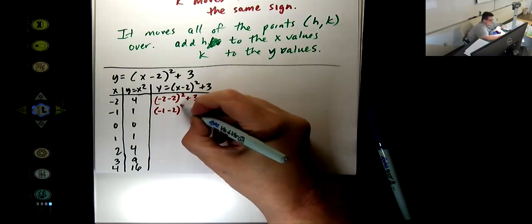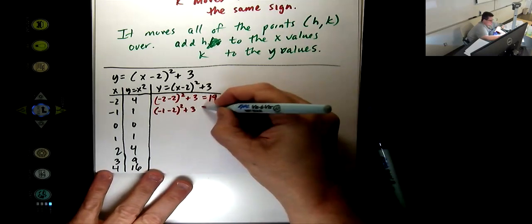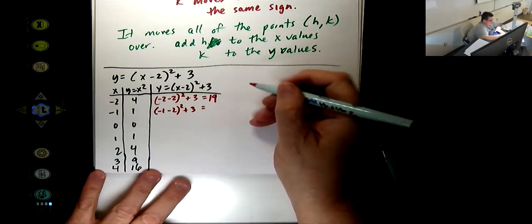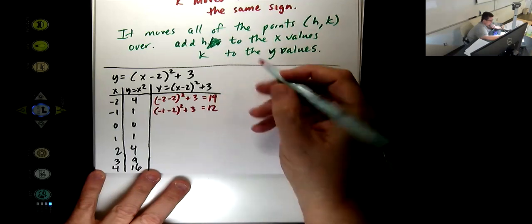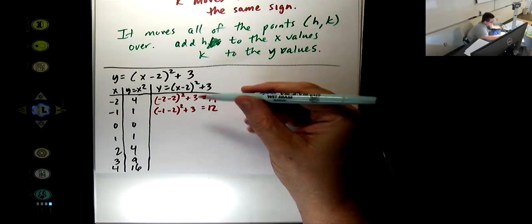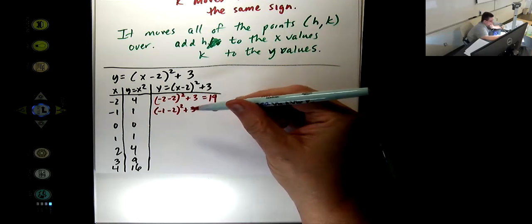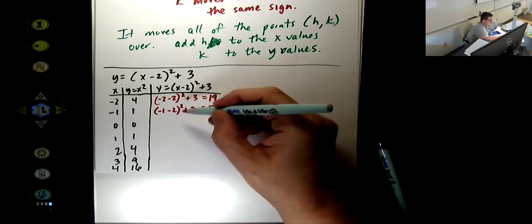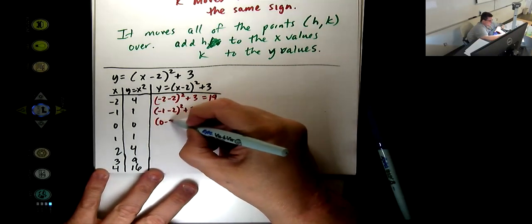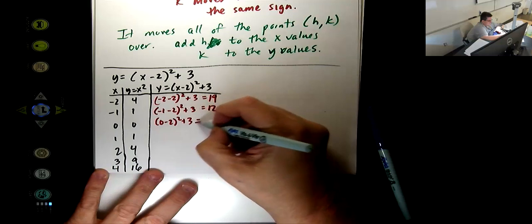We're gonna follow this pattern on each of them. -1 minus 2 is -3, we square that, we get 9. We add 3, we get 12. I plug in 0. I have -2 squared is 4. Plus 3 is 7.